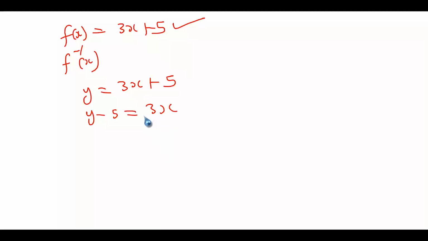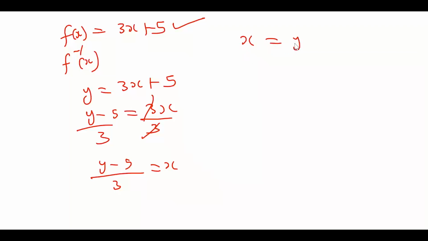We need to divide both sides by 3 to make x the subject of the formula. So when you divide both sides by 3, you have y minus 5 over 3 equals x, which could be written as x equals y minus 5, everything over 3.